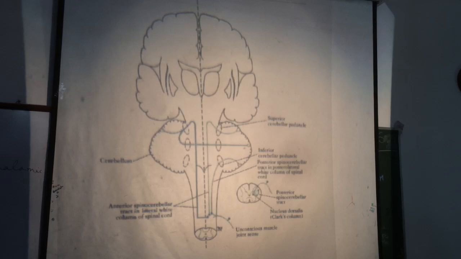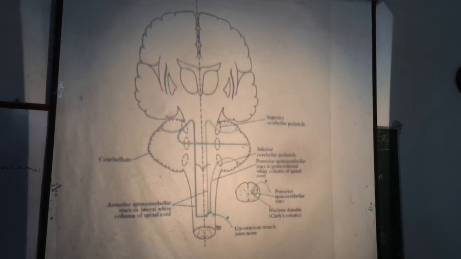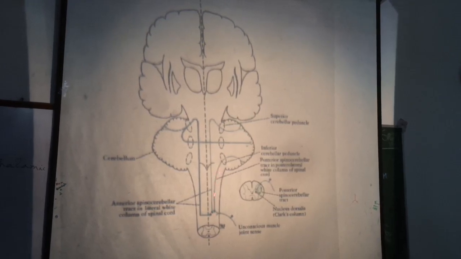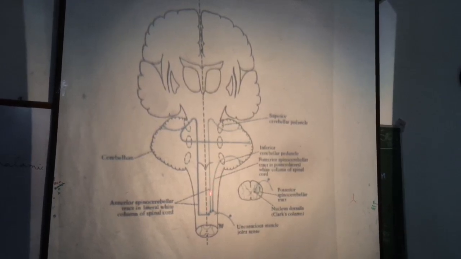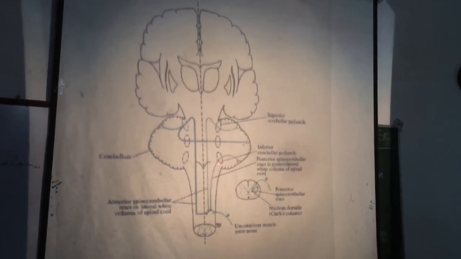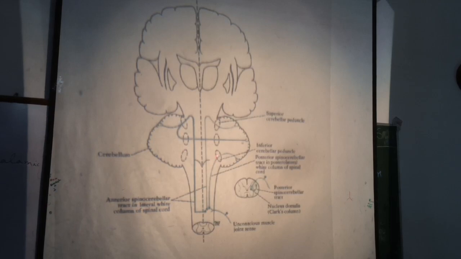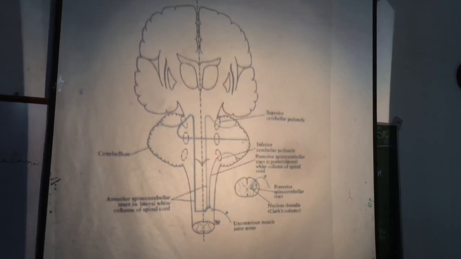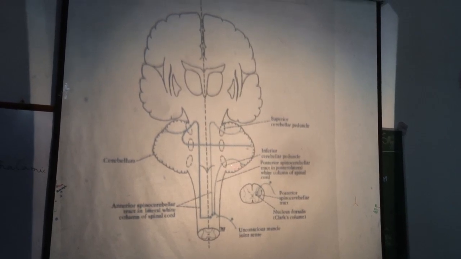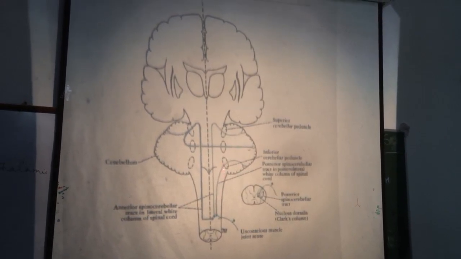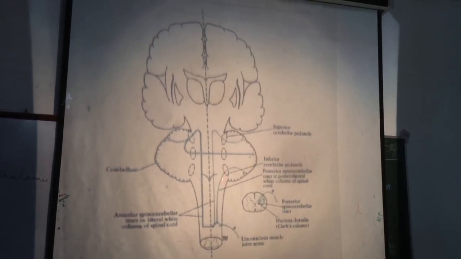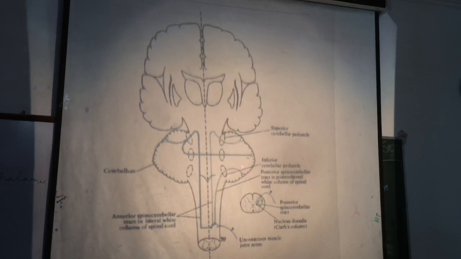The tract ascends through the spinal cord to enter the medulla oblongata. In the medulla oblongata, the tract fibers enter the inferior cerebellar peduncle to go into the cerebellum.